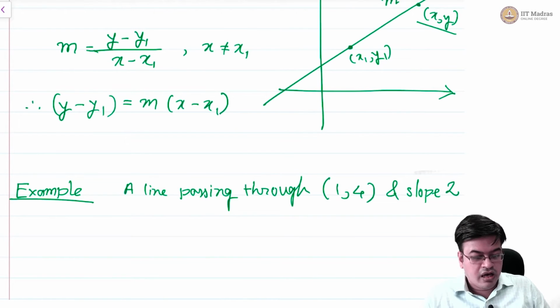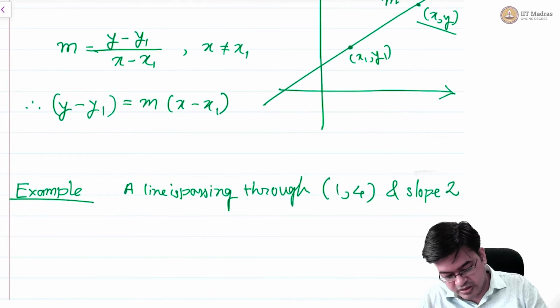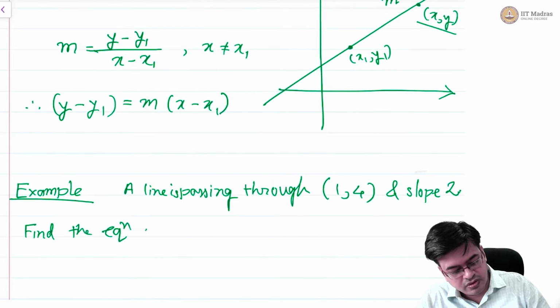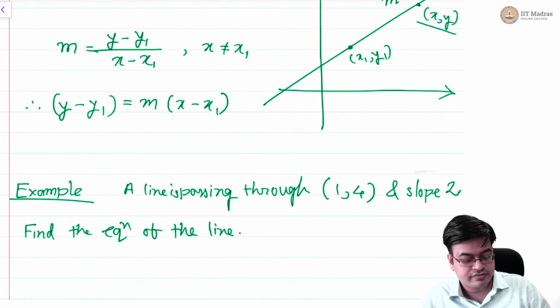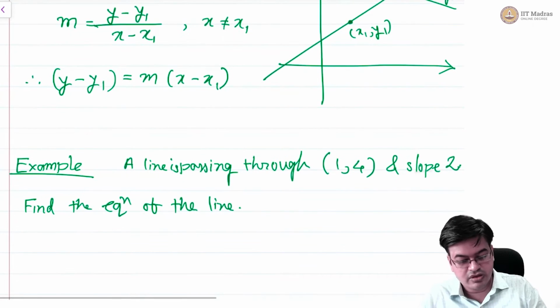Simple. So what is the equation of that line? A line is passing through this particular point and you have been asked to find the equation of the line. How will you find the equation of the line? Very easy. Simply use this knowledge.